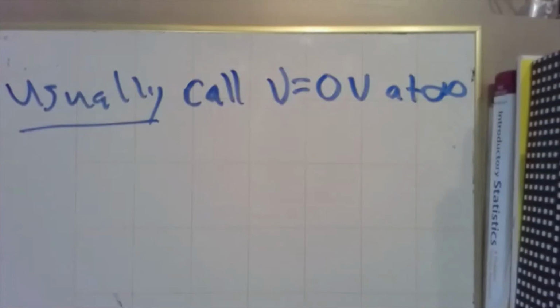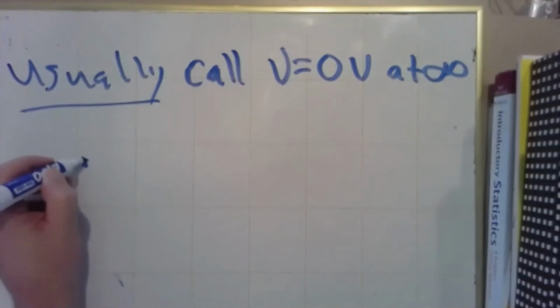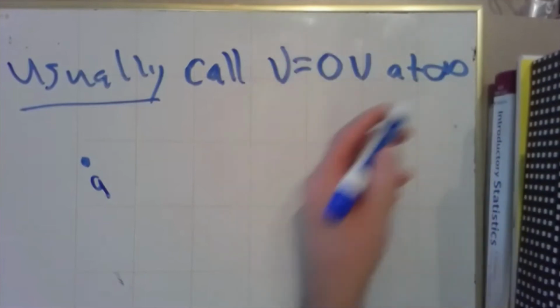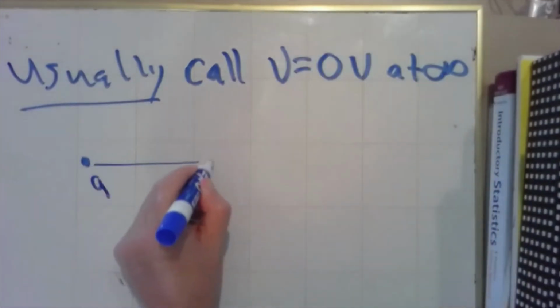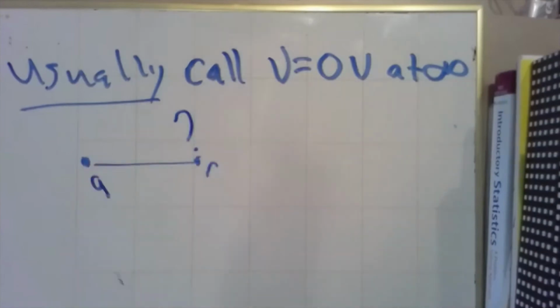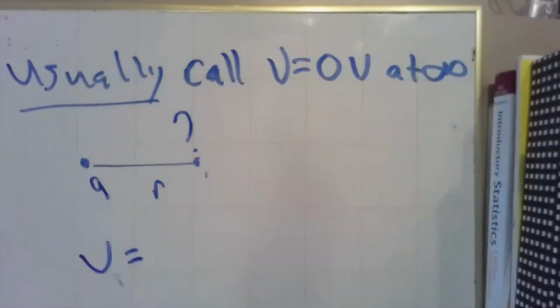If we take this as our assumption for the moment, then if I have an electric charge sitting in space and I want to find the potential some distance r away, so I want to know the voltage right there, then my voltage will be kQ over r.